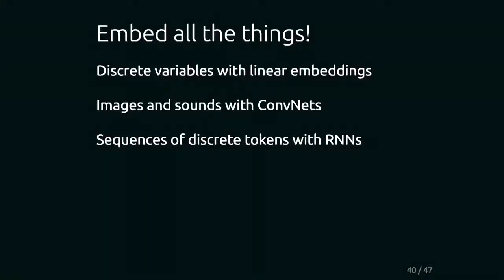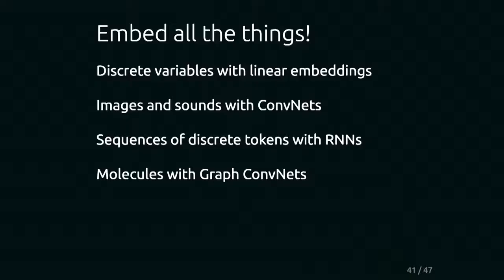Sounds might be useful for streaming, and they have experimented with that at Spotify. I don't know if it's in production or not. You can also do sequences of discrete tokens with recurrent neural networks. For instance, if you type a query, the order of words might matter. So just doing an average of the query keywords might not be a good idea. Maybe a recurrent net might be better, or a convolutional neural net.